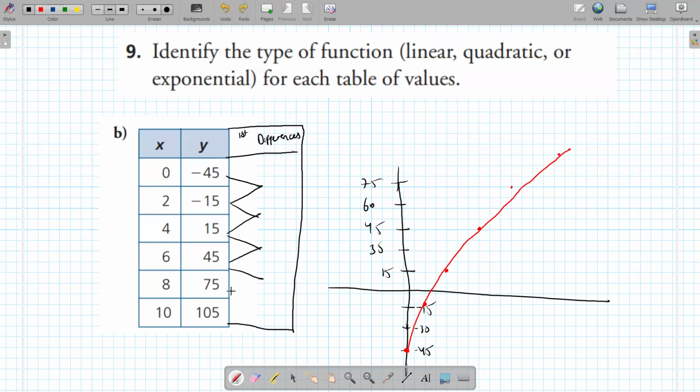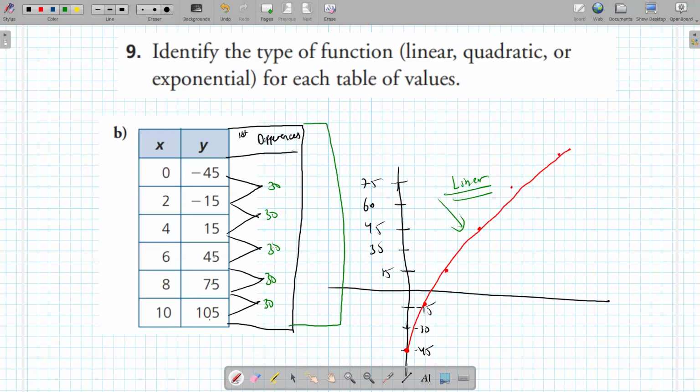What's the difference between 105 and 75? 30. 75 and 45. It's still 30. 30, 30, 30, 30. If the first differences are the same, as it is in this case, then the function is linear.